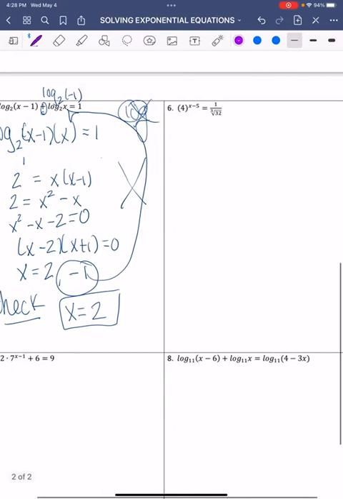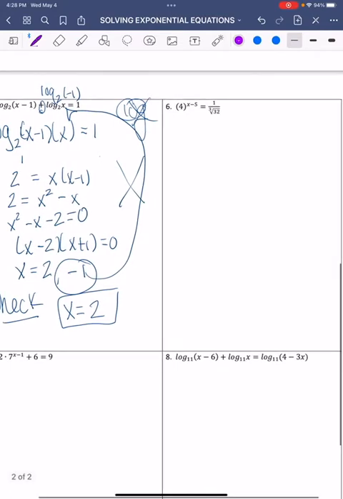Okay, number 6. I see 4 and I think 2 squared. Okay, so first of all, cube root of 32 is 32 to the 1/3. Square root, 1/2.